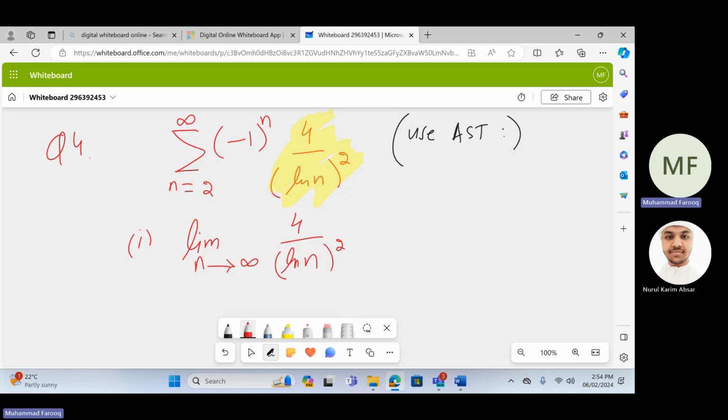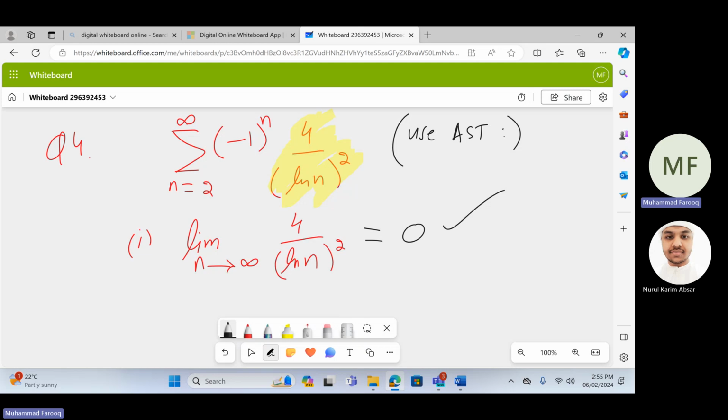Actually, L'Hôpital's rule needs two things, 0 by 0 or infinity by infinity, and both of them are not available here. So of course we cannot use it. So simply apply limits. ln infinity is infinity, infinity squared, 4 by infinity is 0. Basically it is 0. So as per AST, can you justify the first condition?